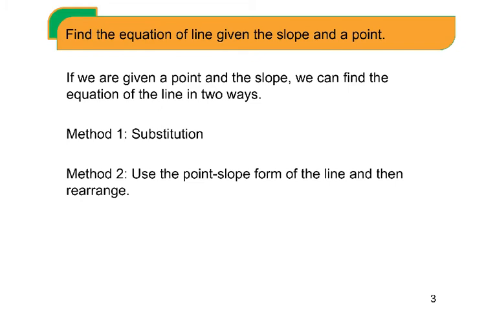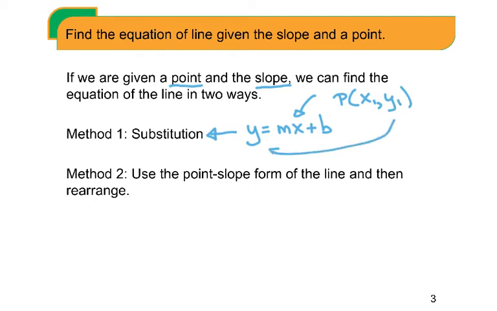So if we have a point and we're given the slope, there's two ways to find the equation of a line. We can use substitution, which means we use this formula and plug in some point, we'll call it (x1, y1). We plug in x1 for x and y1 for y, and that will allow us to determine what b has to equal because the slope is given to us. The second method, which I actually prefer, does require you to learn another form of the line.